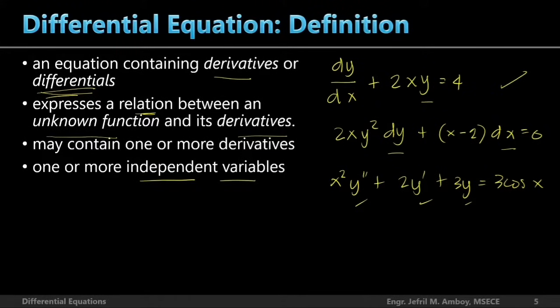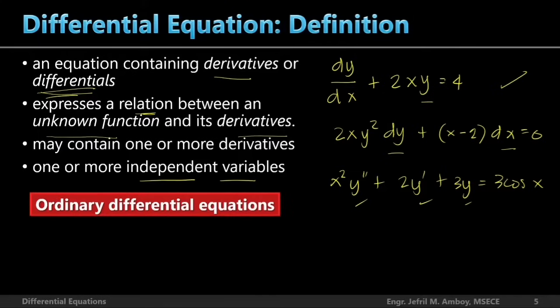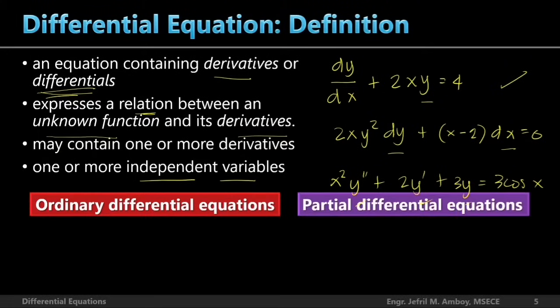We can classify a differential equation either as an ordinary differential equation or as a partial differential equation. So sir, what is the difference between them? When a differential equation has only one independent variable, like this one, x only, it is called an ordinary DE. But when a differential equation has two or more independent variables, it is called a partial differential equation.